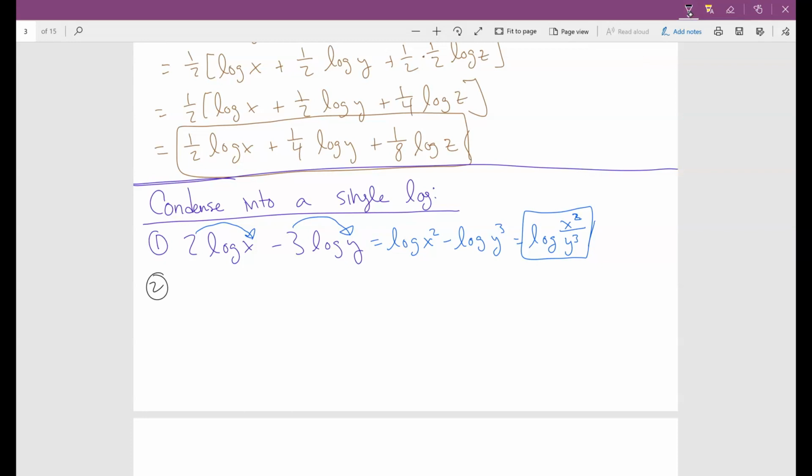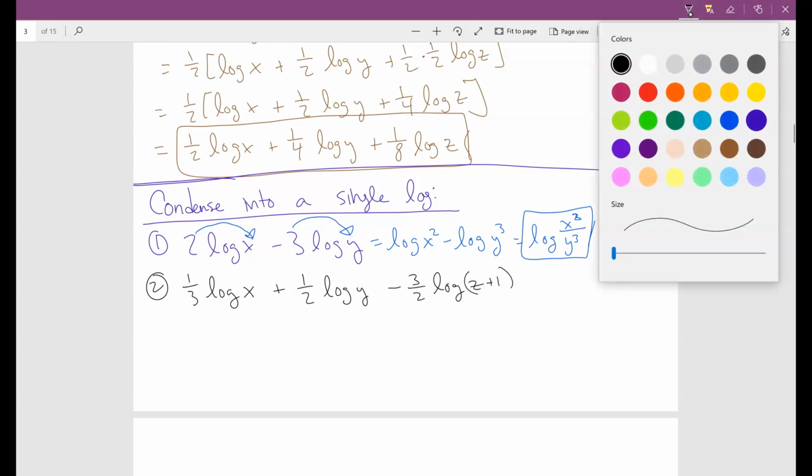So what would happen if you had 1/3 log of x plus 1/2 log of y minus 3/2 log of z plus 1? The first thing that we want to do is take care of those coefficients.